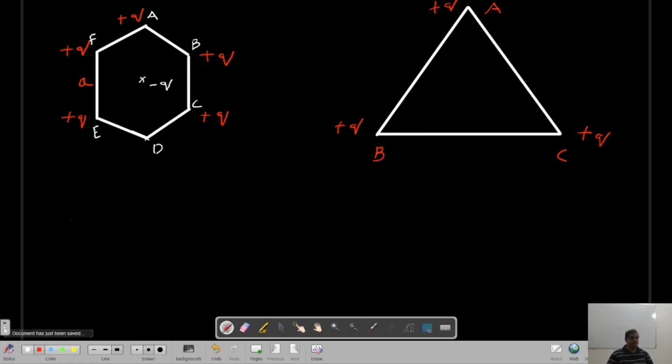Let us assume that the side is A. Then we have to find the net force experienced by a charge plus q placed at the center.